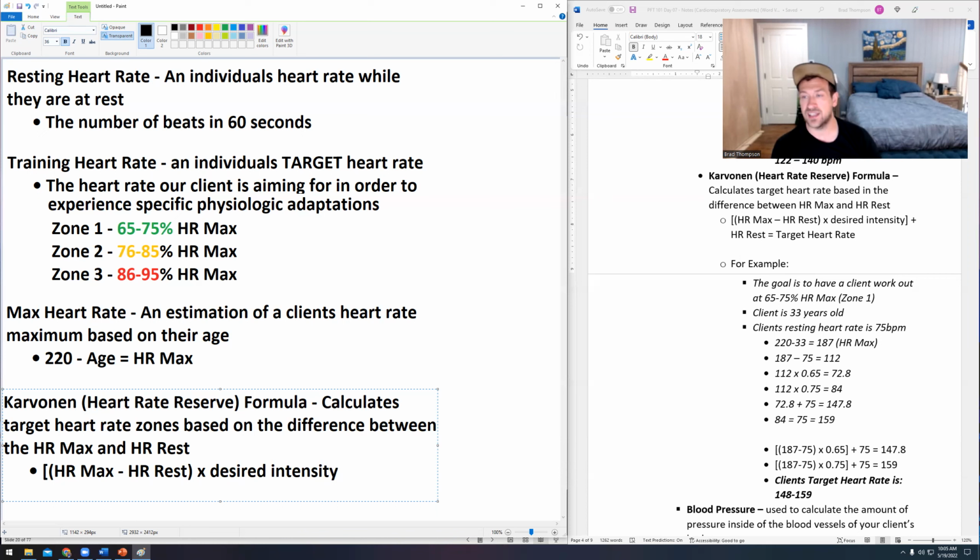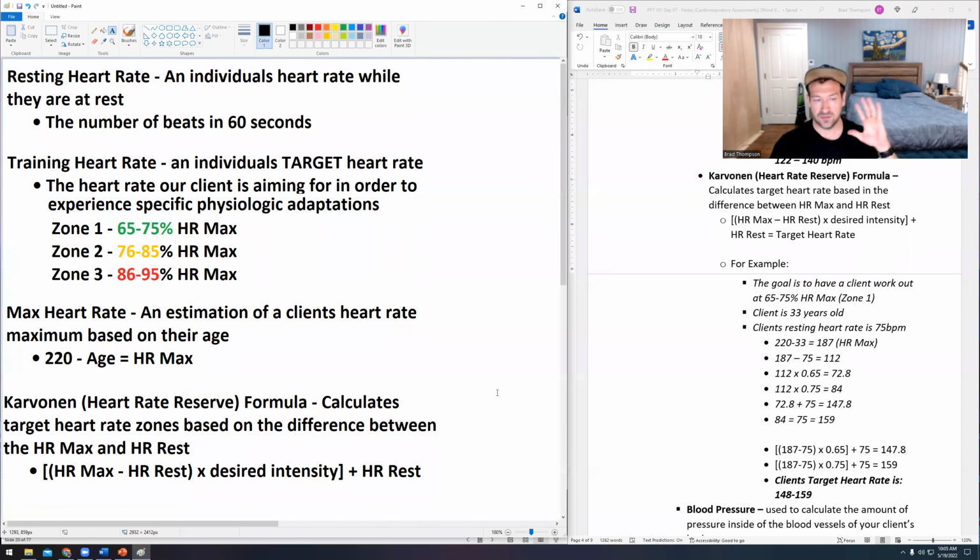So that desired intensity would be 65%, 75%, 76 to 85%, right? It would be these zones here. And then we've got to add the resting heart rate back on at the very end. Because we took the heart rate rest out, we've got to slap it back on at the end. So now the formula obviously got a little bit more complicated.